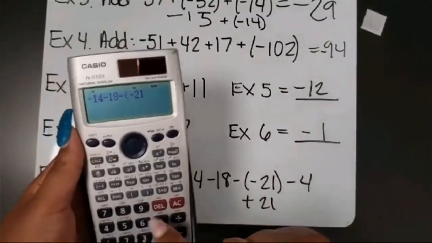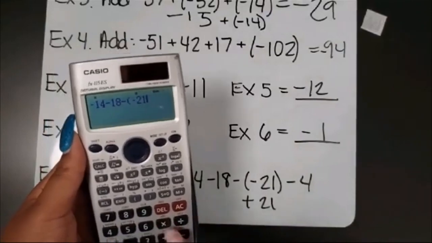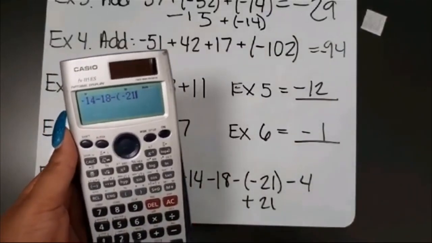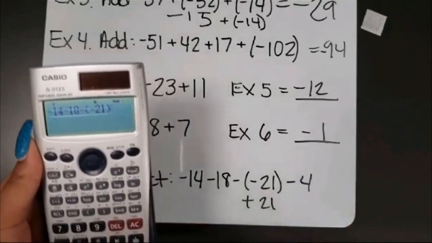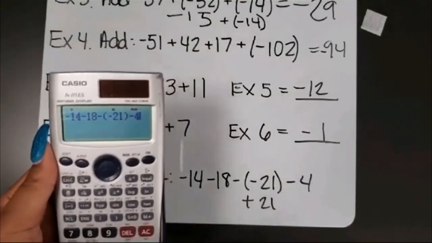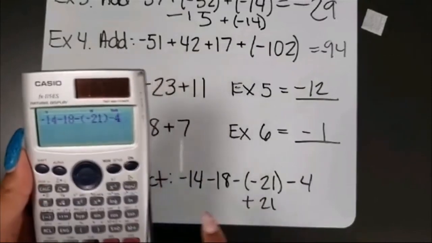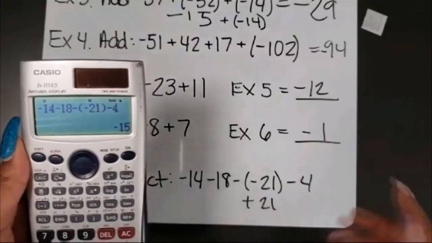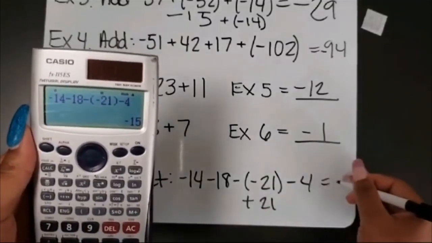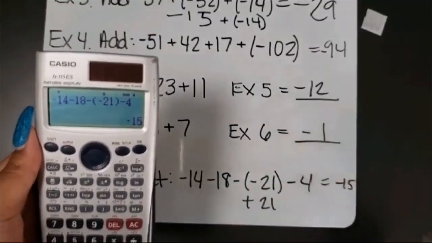All right. So I'm going to do it like this, and I'm going to do the plus 21 to show you that you get the same answer. Okay. So this looks like our original, right? So I'm going to hit enter, and we get negative 15.